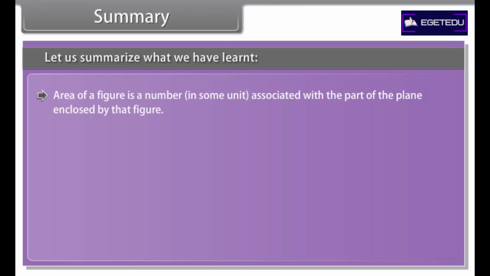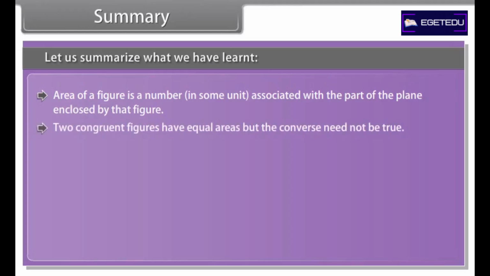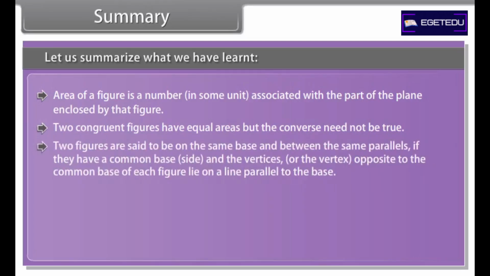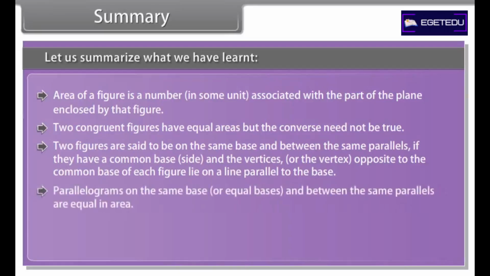From equations 1, 2 and 3 we obtain area of triangle AOB is equal to area of triangle BOC, which equals area of triangle COD, which is equal to area of triangle AOD. Therefore, it is evident that the diagonals of a parallelogram divide it into 4 triangles of equal area.